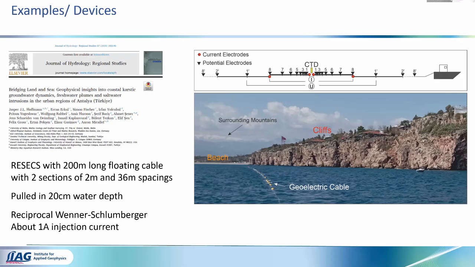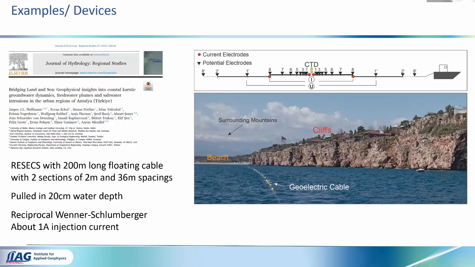The advantage is I'm getting better resolution in the nearer part when I have dense readings of electrodes. That's why they did this. This is a typical setup that you do for so-called Schlumberger soundings, even inland. There you start with smaller electrode distances and you increase the distance. This is a very natural way of doing it.